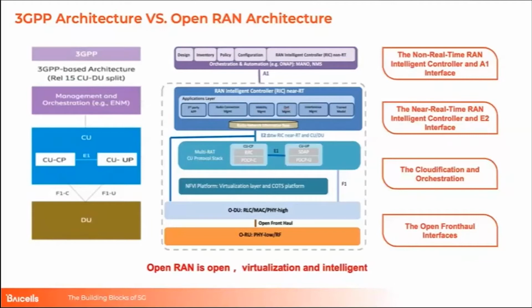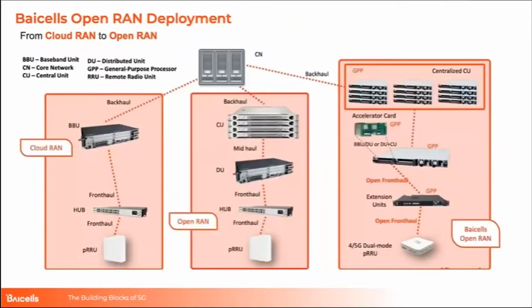So you have the open radio unit, open distributed unit, the centralized unit, and the other two layers, near-real-time and non-real-time. That's how we moved from the proprietary standard 3GPP architecture to kind of an open standard technology.